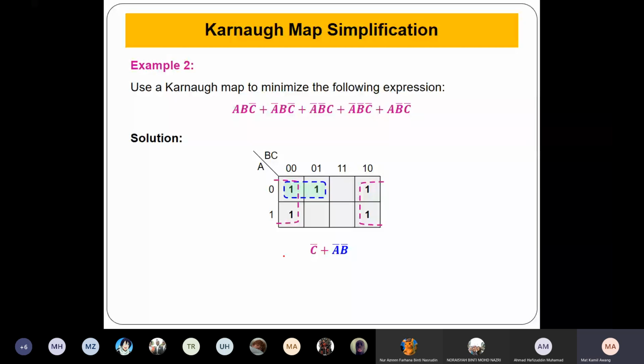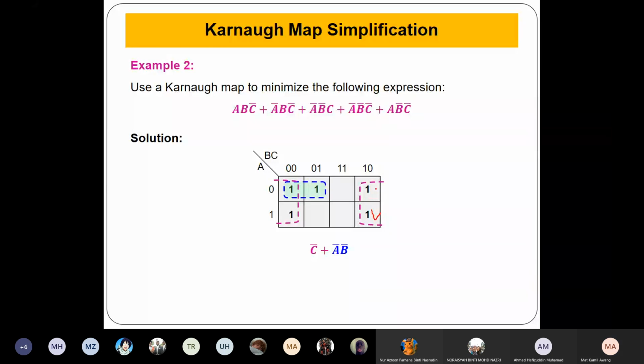Then you start to fill out the box. So A B C bar: A is 1, B is 1, and C is 0. So this is the first term. Second term, A bar B C bar: A bar is this row, B is 1 and C is 0.